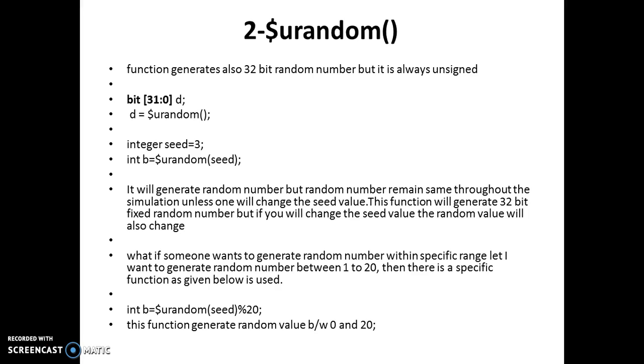You just need to write the random function as in the example: int b is equal to $urandom(seed) modulo sign and 20. This will generate a random value between 0 and 20.